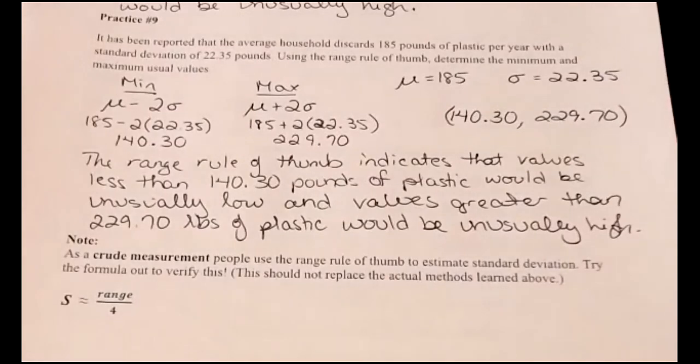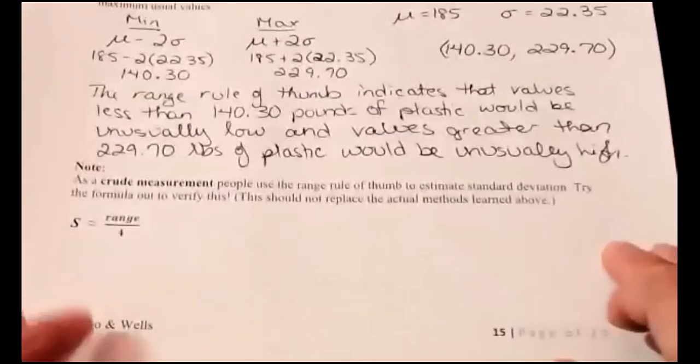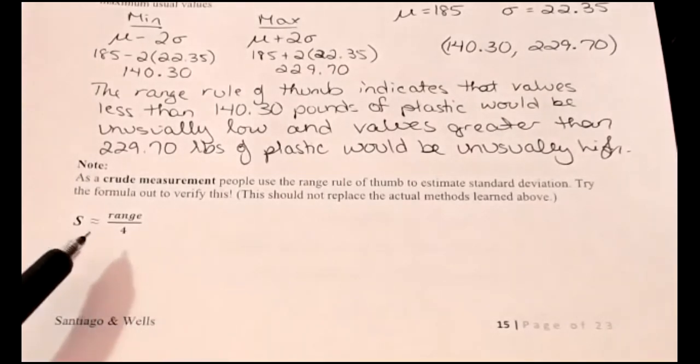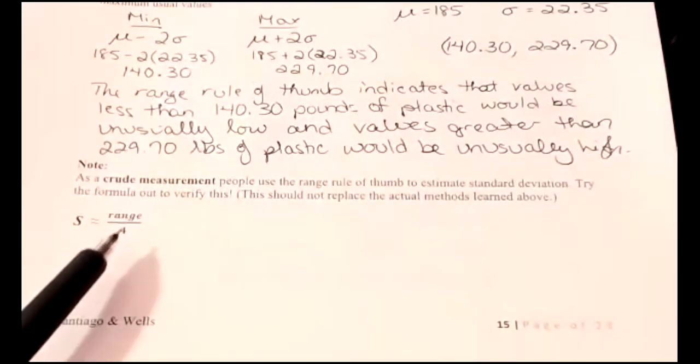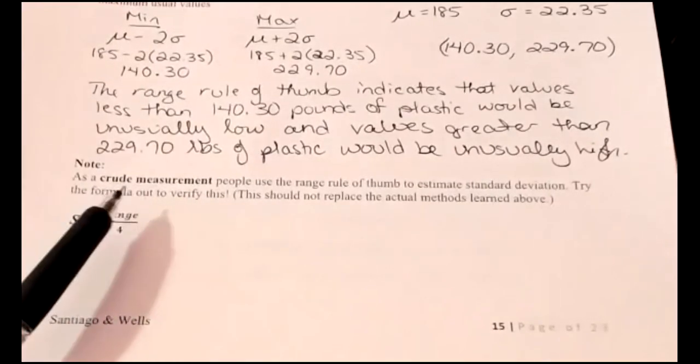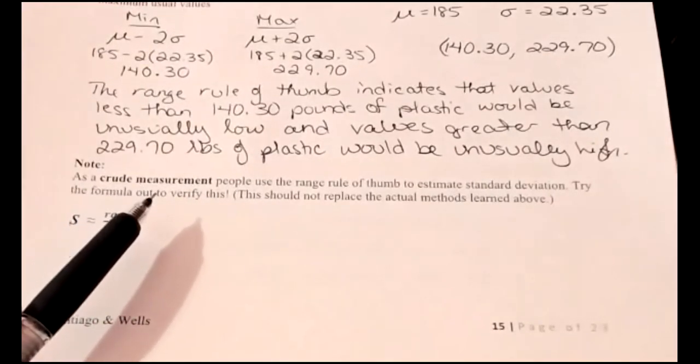The units on confidence intervals and hypothesis testing, those are the last 2 in our course. I wanted to add this note at the bottom, but keep in mind this is not referring to the range rule of thumb. We have formulas for that. This is just a crude measurement. Think of it as a quick way to have an idea of what's happening.